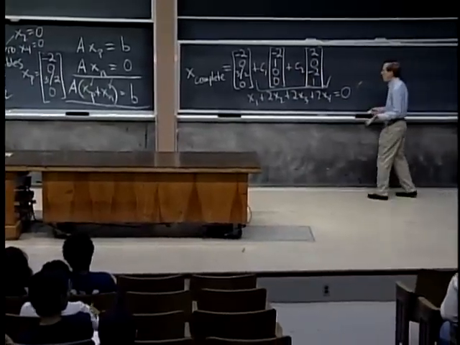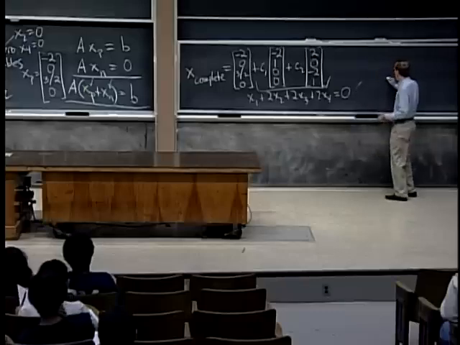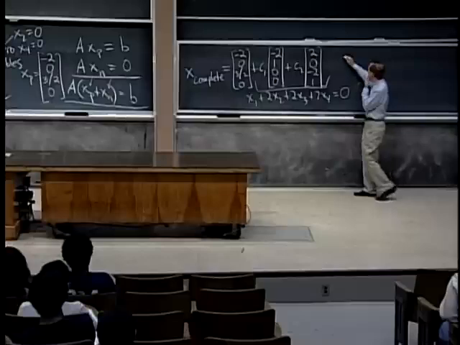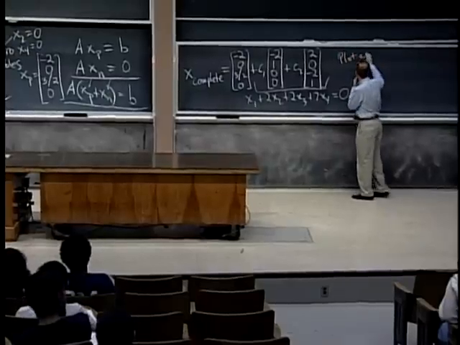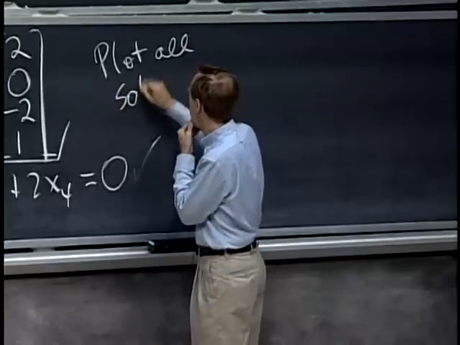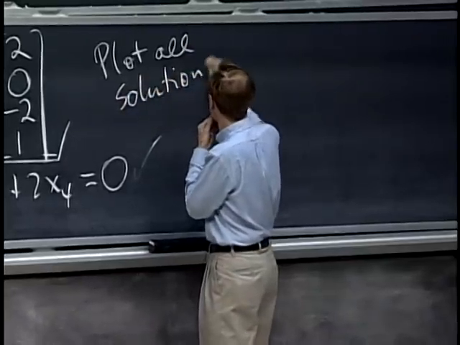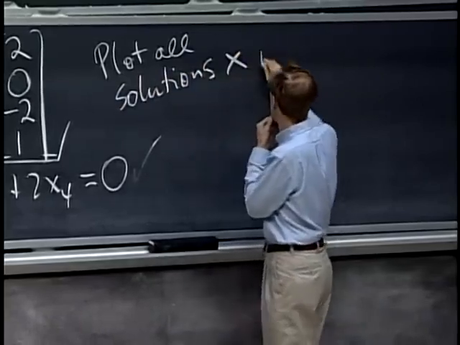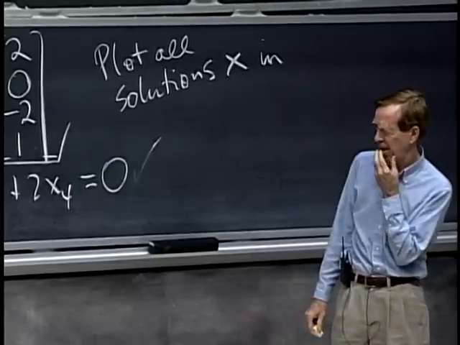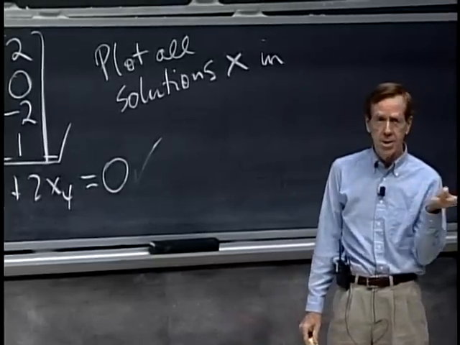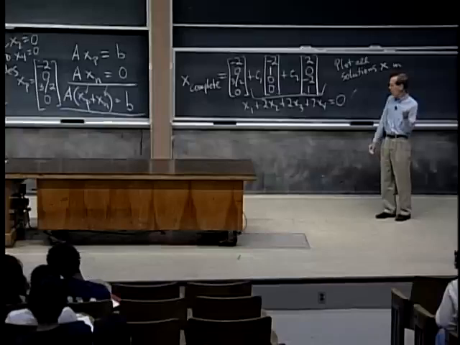I want to graph all this. I want to plot all solutions. Now, x. So what dimension am I in? This is an unfortunate point. How many components does x have? 4. There are 4 unknowns.